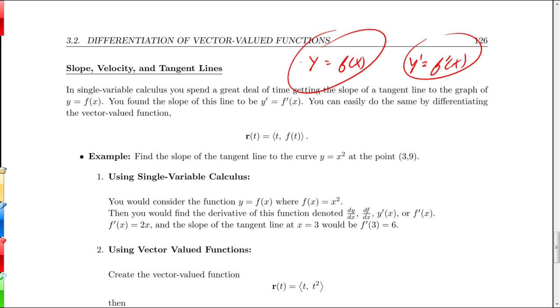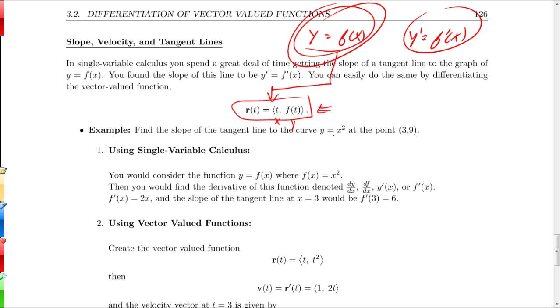And if you recall from the last chapter, if we want to recreate y equals f of x, we just create the vector valued function r of t. This is x, this is y. So I can create that, and then to get the derivative, you're just going to differentiate the position vector valued function. So let's start off with an example.